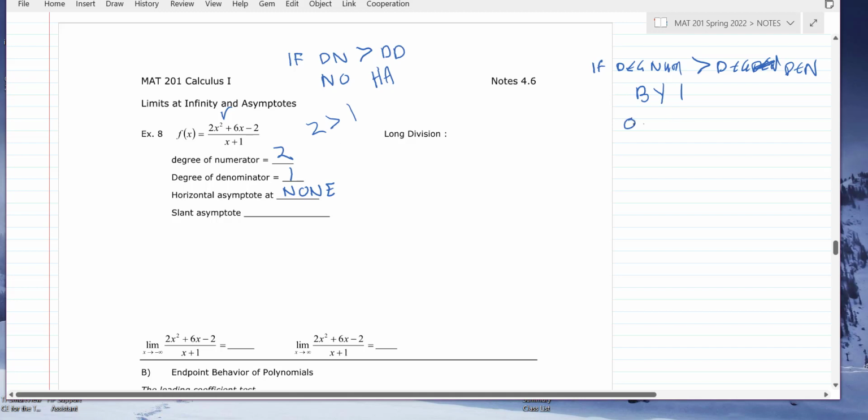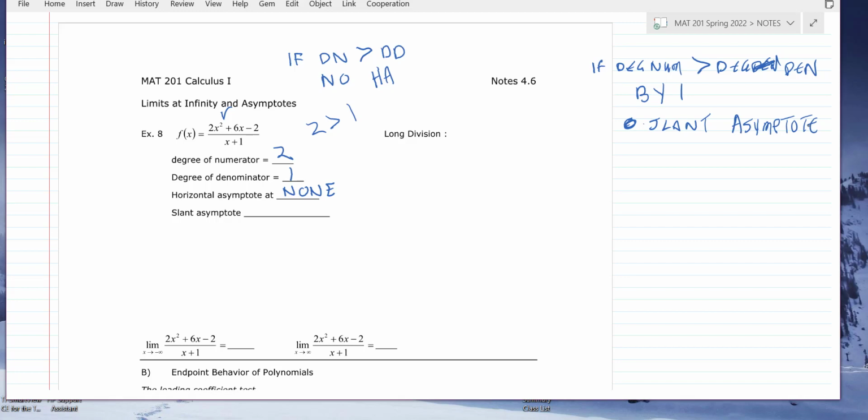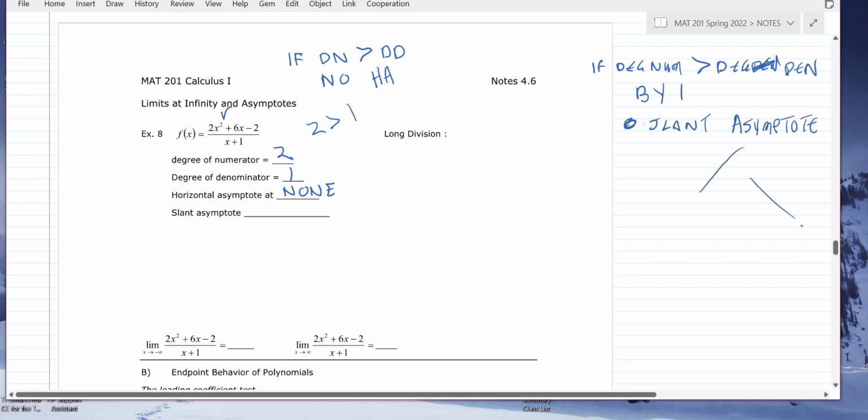Then we have what we call a slant, or sometimes oblique asymptote. Okay, and what that means is you're going to have a line. Your asymptote is going to be a line that slants. It's going to be something kind of like a line that slants like that.